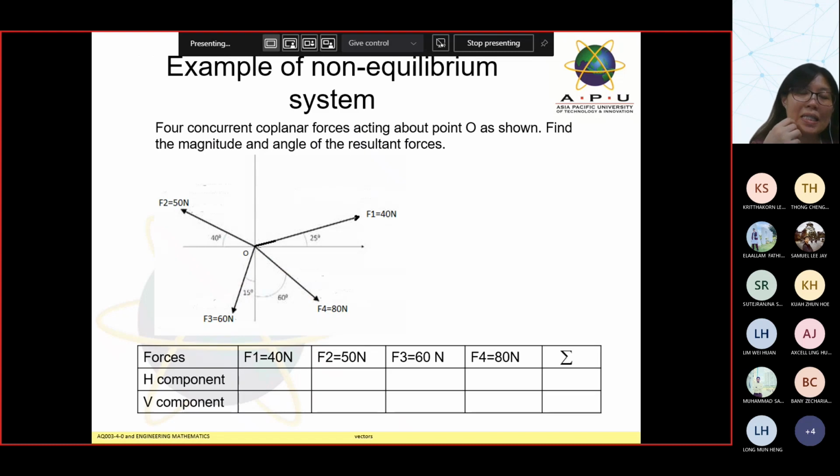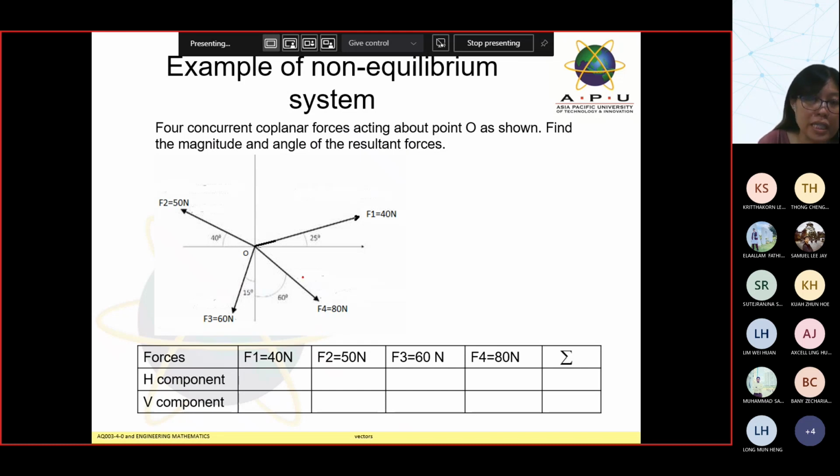Okay, so this is an example of a non-equilibrium system. You have 4 concurrent coplanar forces acting about point O as shown. Find the magnitude and angle of the resultant force. This time you have F1, F2, F3, and F4. You have 4 forces here.